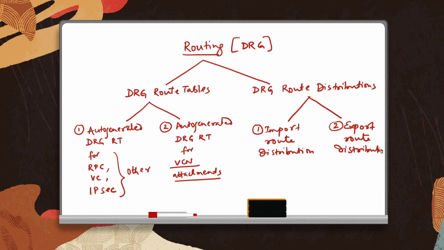As I mentioned, when you create a DRG, these two route tables are automatically going to be created, and two import route distributions are also created, and one export route distribution is also created. So in the next whiteboarding, we will focus on these import route and export route distributions.